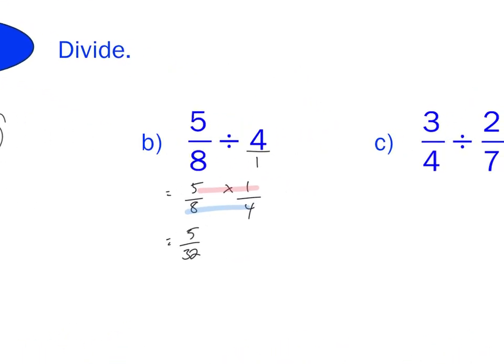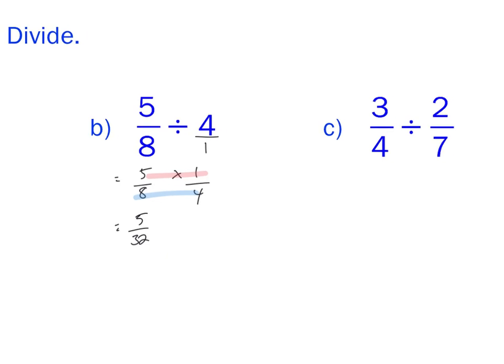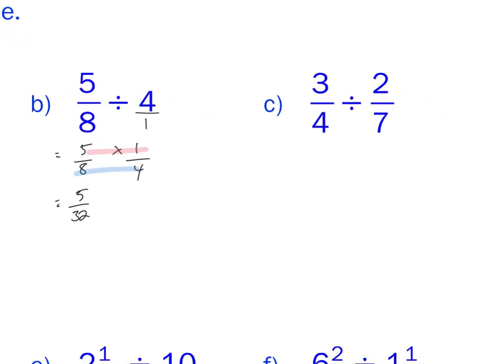All right, next question. The first question so far that has a fraction divided by a fraction. Here we go, 3/4 divided by 2/7. So I change this into a multiplication question. What's my multiplication question going to be? 3/4 and 7/2.